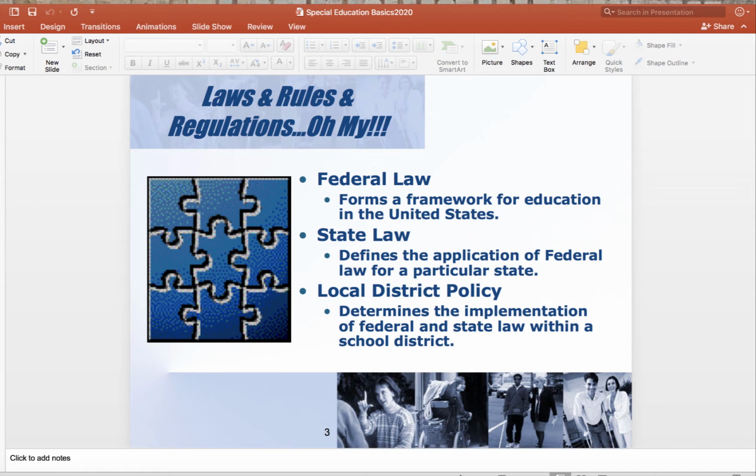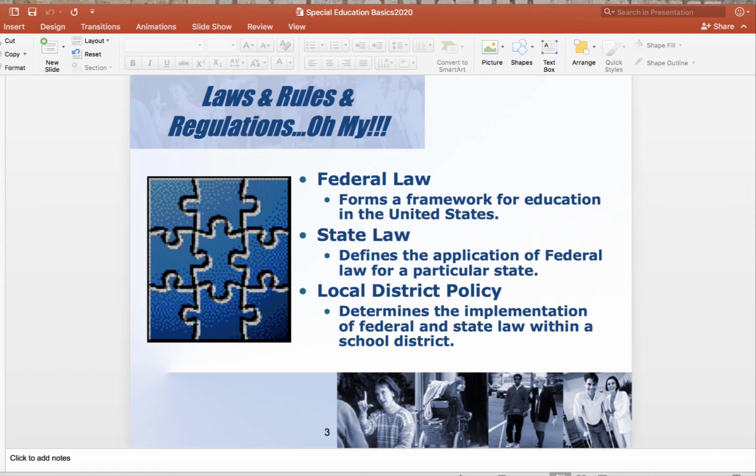of the puzzle. Federal law, IDEA, the ADA, all these different laws are frameworks. They represent the frame of the puzzle. The frame of everything that would go into that puzzle and how far they would go are in that framework. That is federal law.